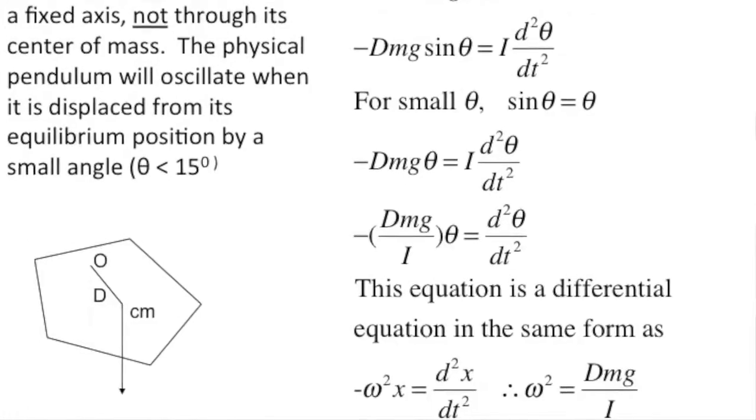And then that is going to be equal to I alpha, but alpha is d²θ/dt². And remember that sine of theta with small angles is about theta, so sine theta gets replaced with theta. So the formula looks like negative dmg theta equals I d²θ/dt². And then again, that's the differential equation where omega squared is equal to dmg over I.